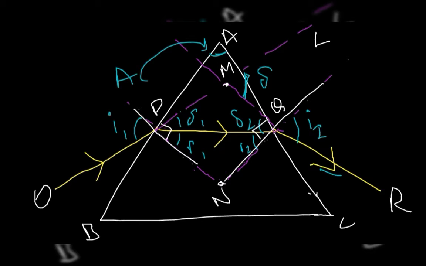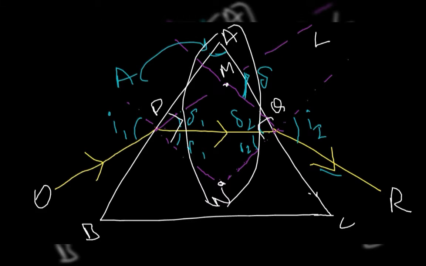This line is again the normal, so this has to be 90 degrees. I'm erasing this for the sake of the diagram. So I can say this angle plus this angle is 180 degrees. So this angle plus this angle has to be 360 minus 180 degrees, that is 180 degrees itself.